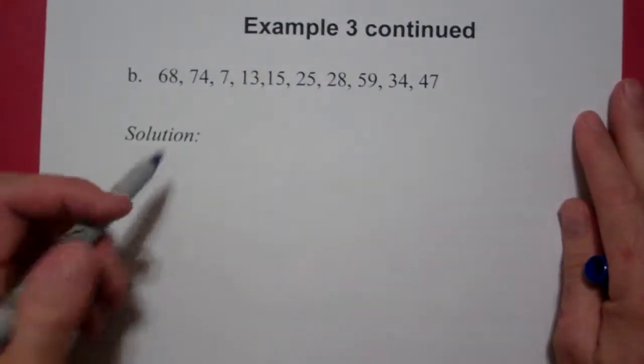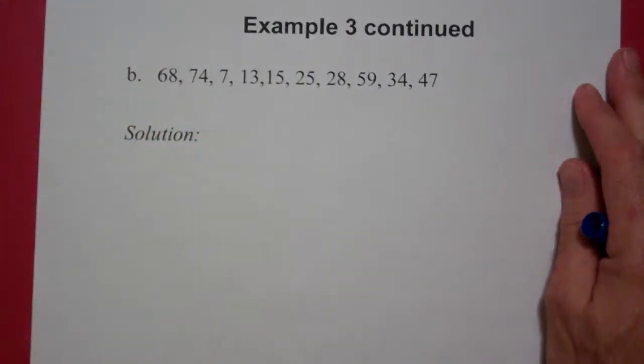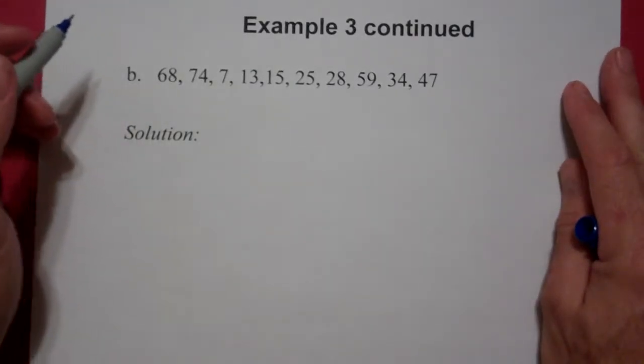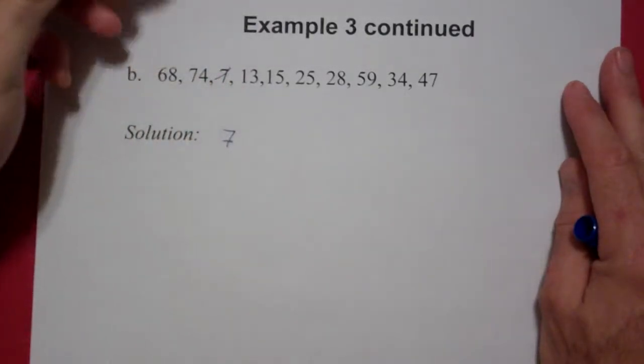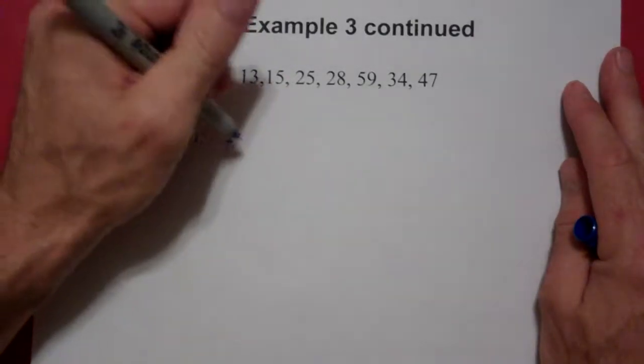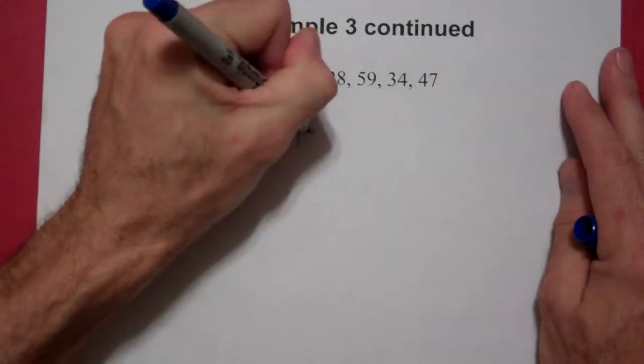Alright? So, do I really need to take this list of data and put it in order to figure out what the median is? I could do that. I could put it in order from least to greatest and count it off. So it seems like the smallest one is going to be 7. Right? And then the next biggest looks like 13. And then 15.